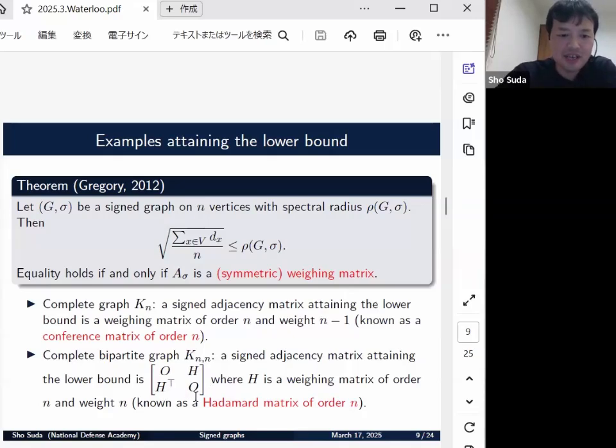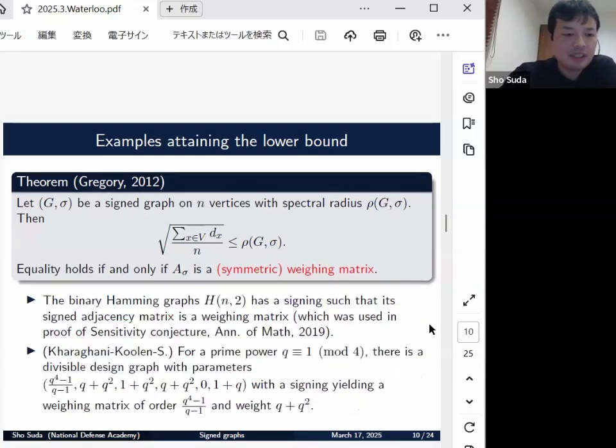Here H is a Wang matrix of order n and weight n. This object is also known as the Hadamard matrix of order n, which is a very important object in design theory. So these two important objects appeared in spectral graph theory in a natural way.